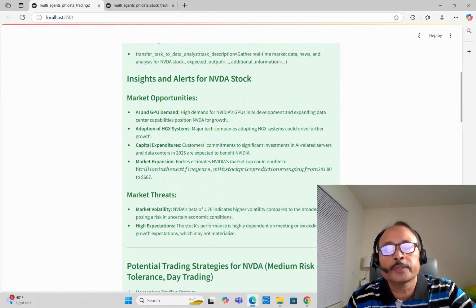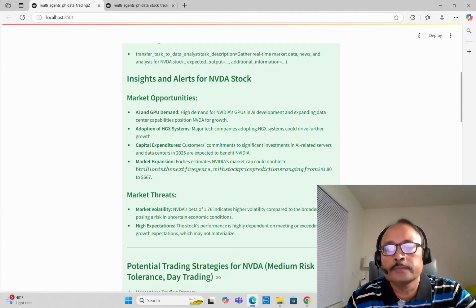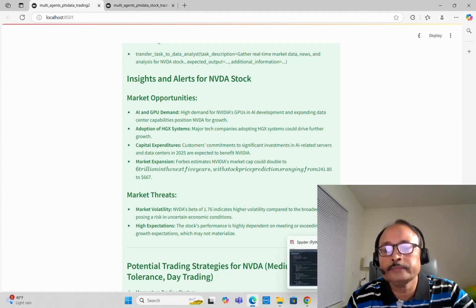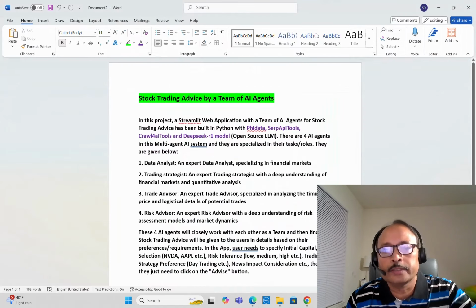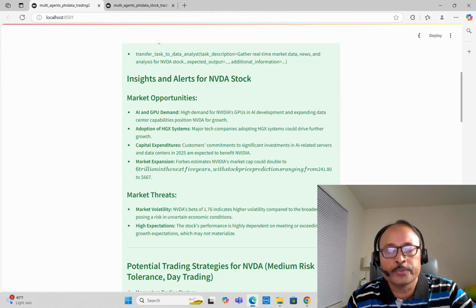This was prepared by the first agent, the data analyst, and it did the Google search using SerpApiTools, and the second tool, Crawl4aiTools, did the web crawling or web scraping part.